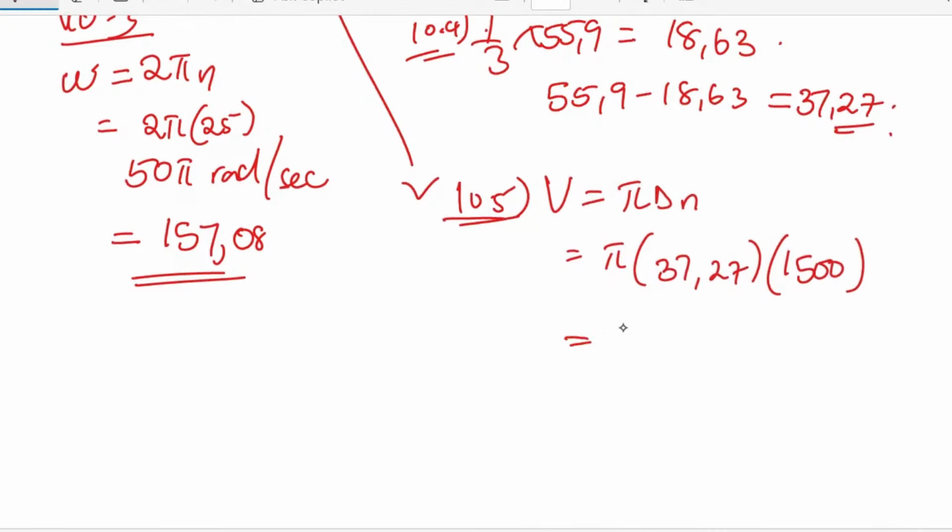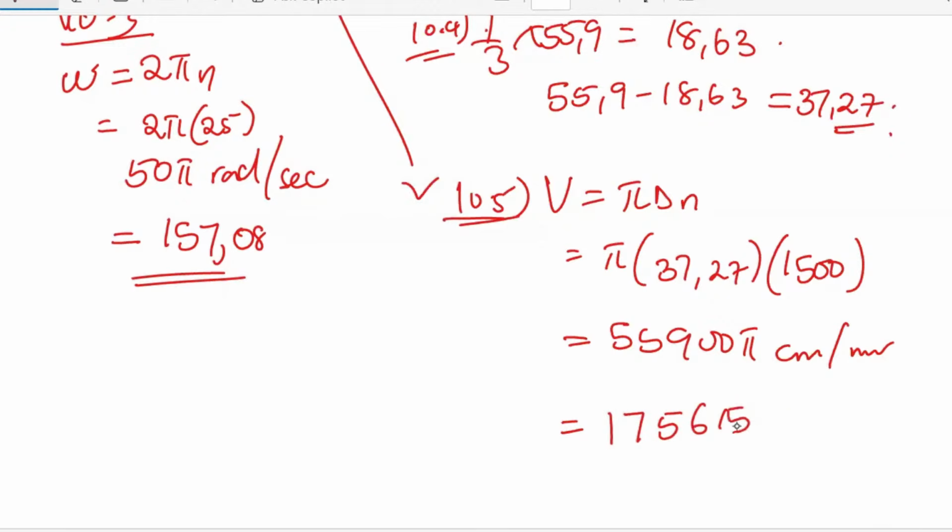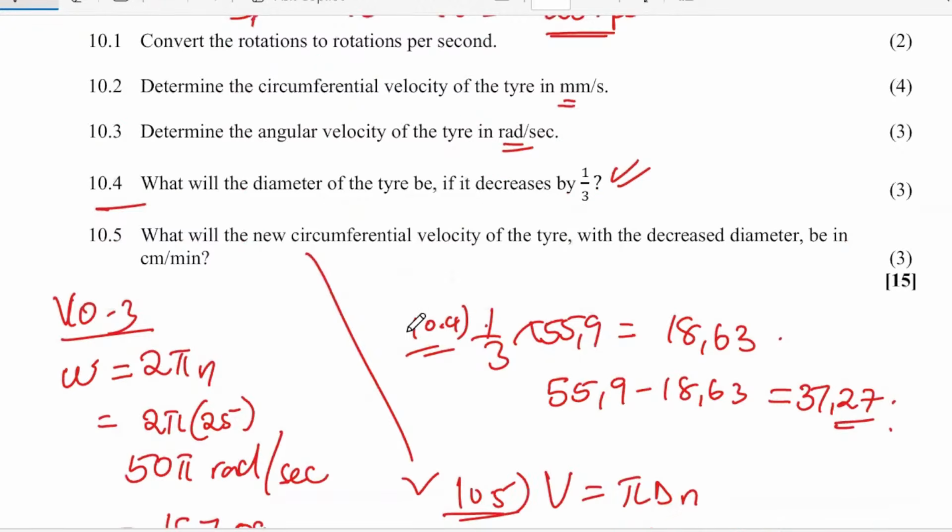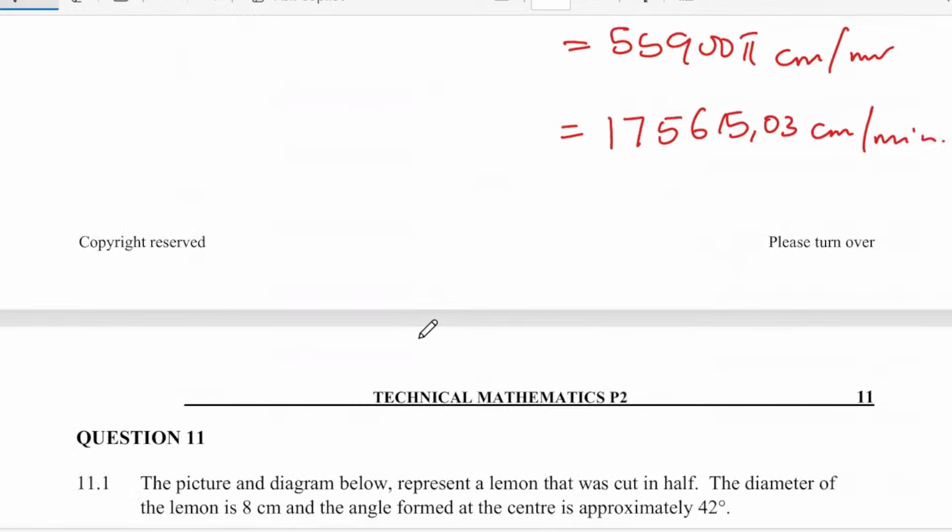Okay, so simplifying this, we're getting 5,900 pi centimeters per minute. Change this to decimal, I'll get 175,615.03 centimeters per minute.